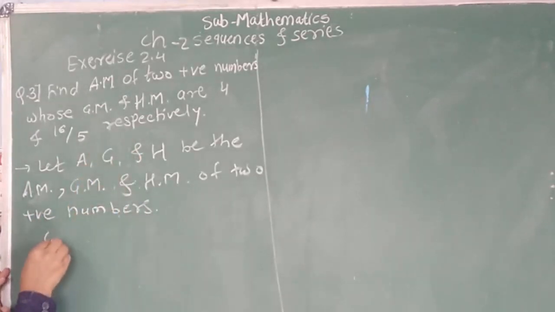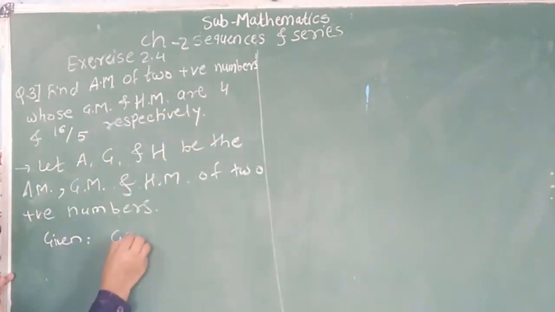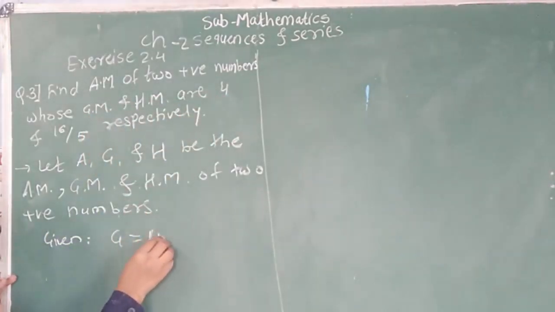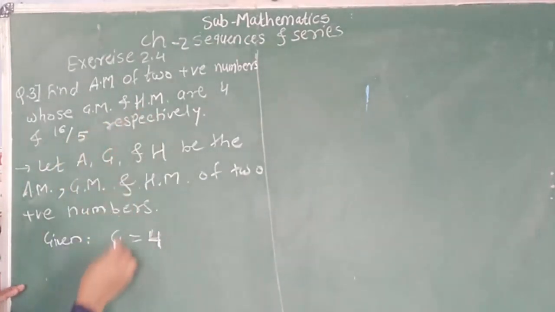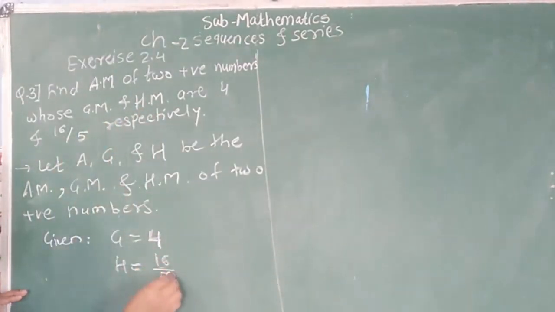Now, what is given? Geometric mean is 4, so G is equal to 4. Also given, harmonic mean H is 16 by 5.